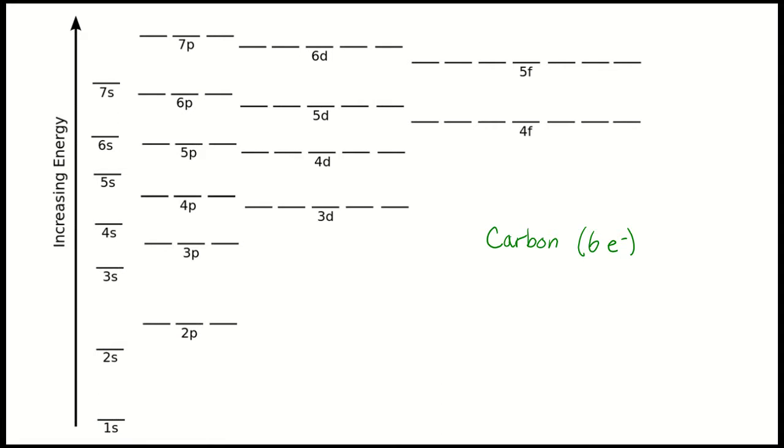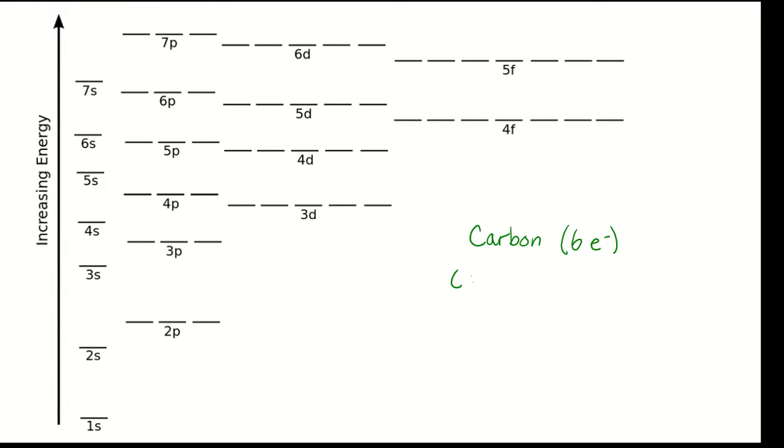Now we're going to do the orbital diagram for carbon. We're going to start off with the electron configuration for carbon so you can see how the orbital diagram gives you a little bit more information. The electron configuration for carbon in full would be 1s2, 2s2, 2p2.